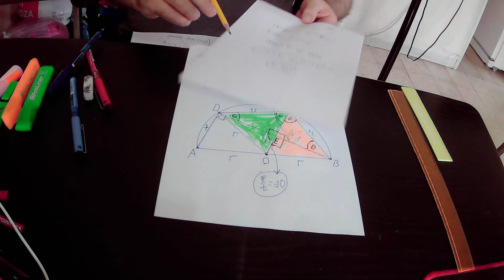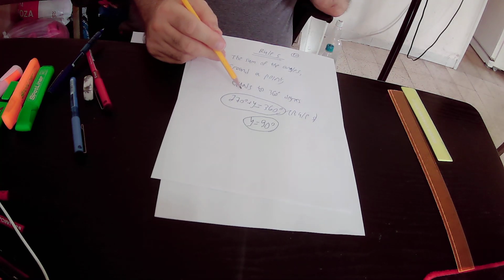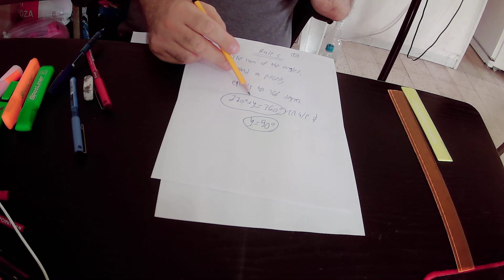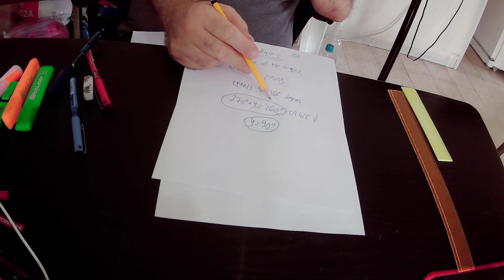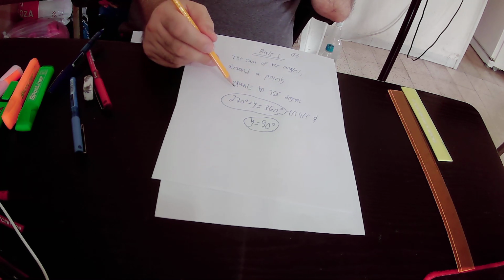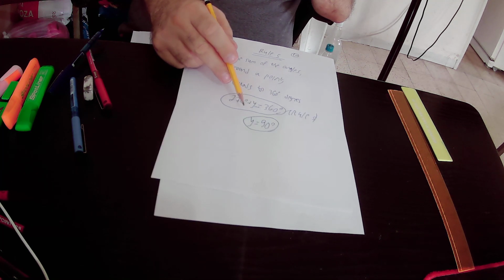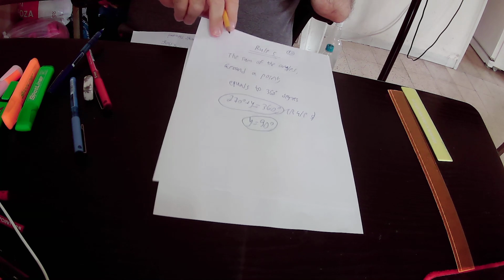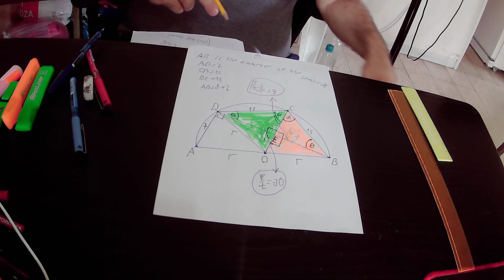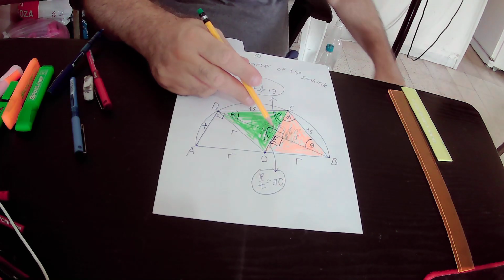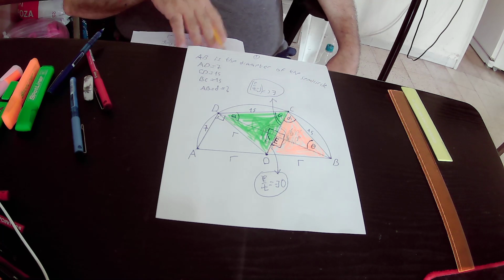From this equality we subtracted 270 degrees and we found out that angle Y equals 90 degrees in its size. So we actually found out that all the angles around point E are right angles.